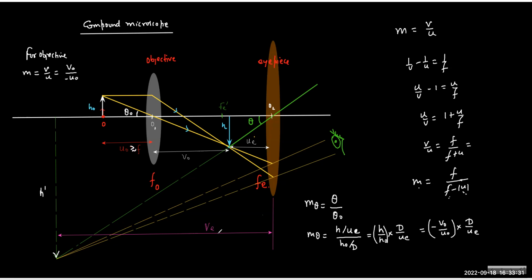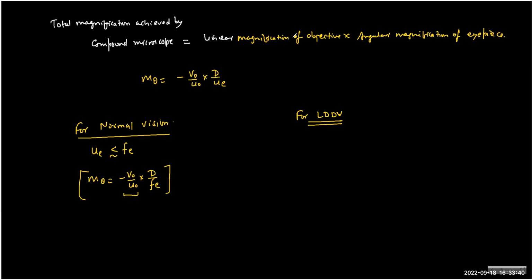For the least distance of distinct vision, our VE should be equal to capital D, isn't it? Yes. So if you use the lens formula, it will give you the same answer.